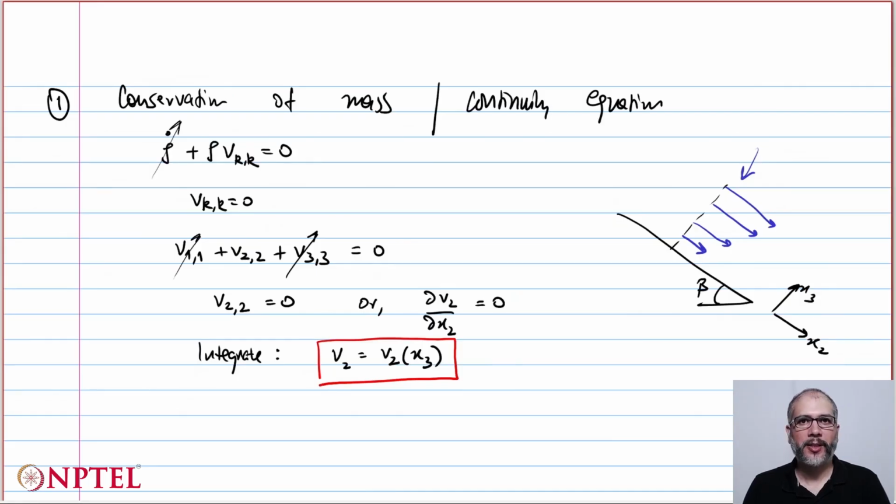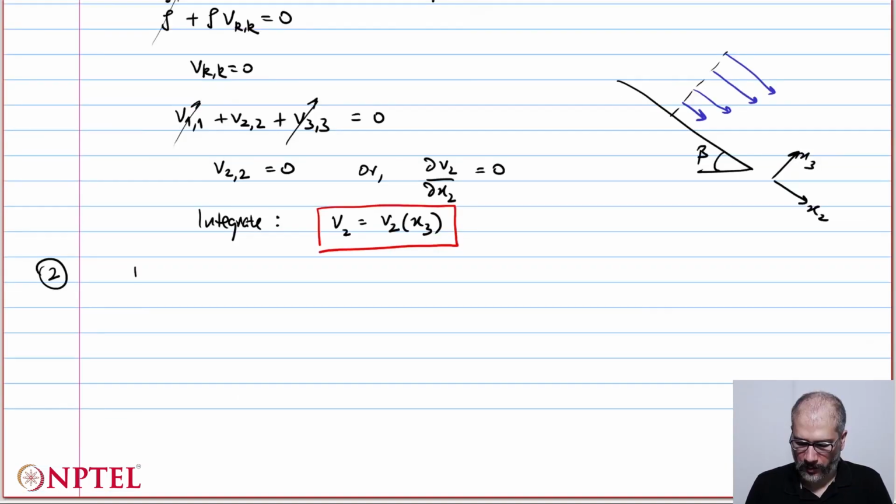But again, that is our intuition. We haven't found the solution yet. Once we find the solution, we will find how the velocity varies as a function of x3. So all we know for now is that V2 is purely a function of x3. Now we write the momentum equation.